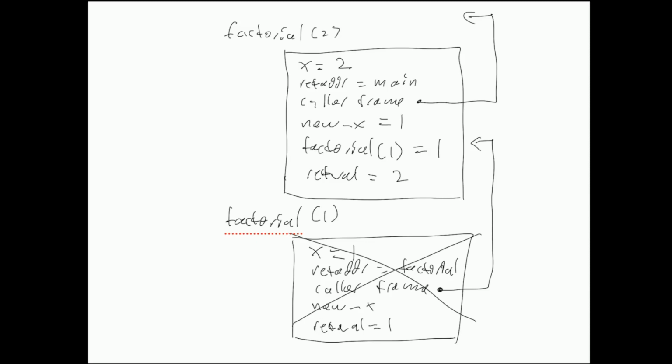Questions on this? Yeah. It depends on the calling convention. So in the x86-64 convention that's used for Linux type machines, that's called the System V Application Binary Interface, ABI, the first 6 parameters are passed as registers and the rest are on the stack.